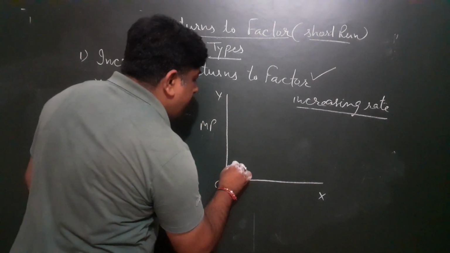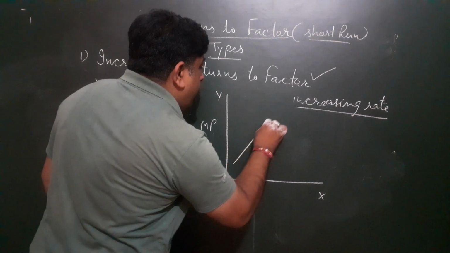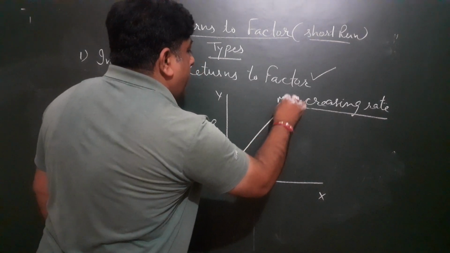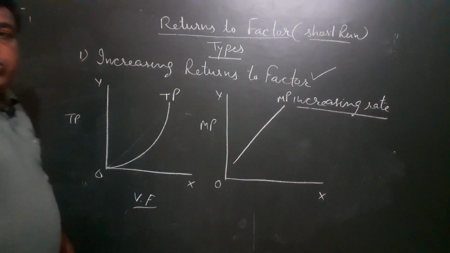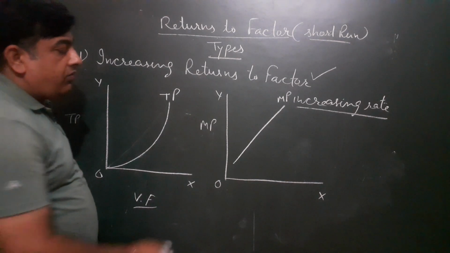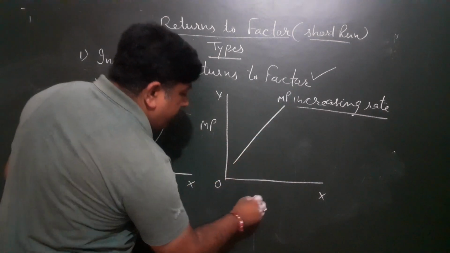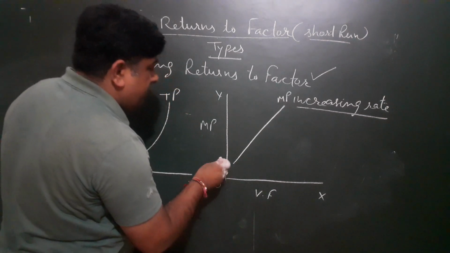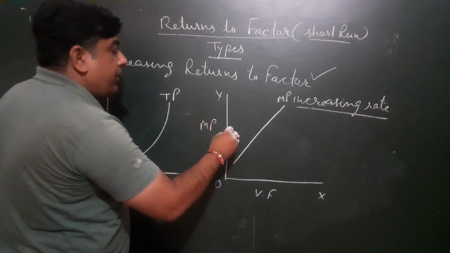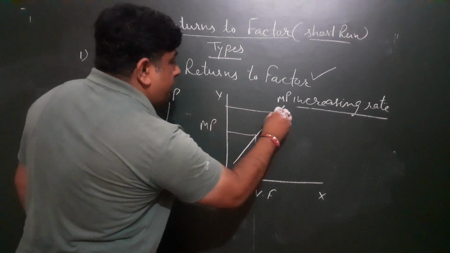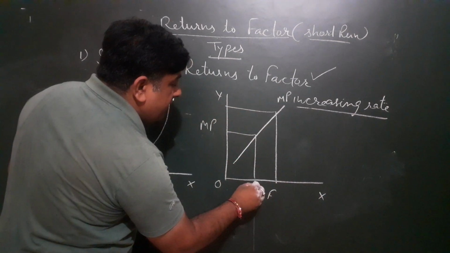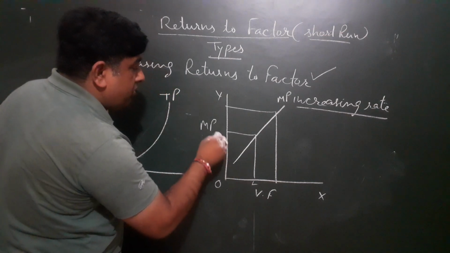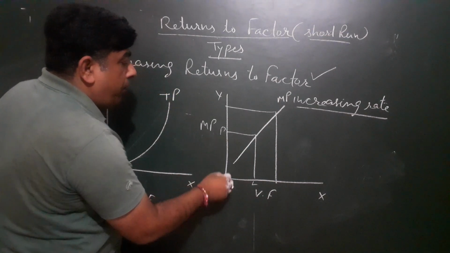The curve of marginal production will have a positive slope, because as the variable factor is increased, marginal product will increase. Here we can see that when OL is used, MP is OP.